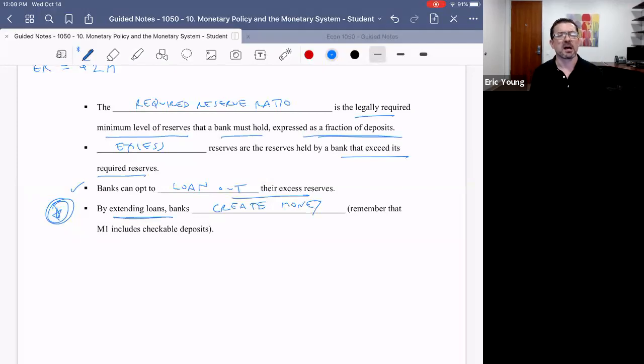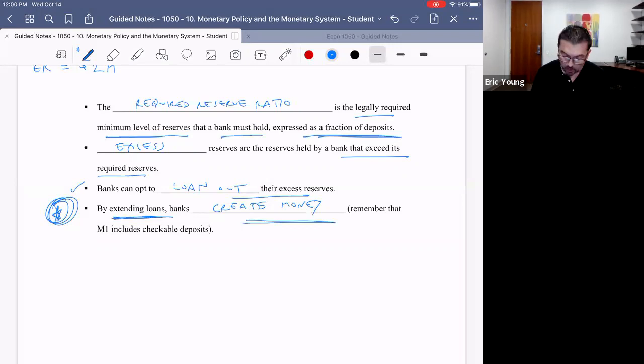This is kind of mysterious, a little bit counterintuitive, sort of voodoo magical, but critical that you understand. This is a major point in monetary theory. By extending loans, banks create money.